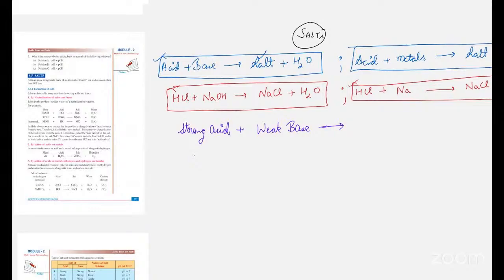The acidic will be there, no? Did you understand? I am finding one example regarding that. Give me a second. Strong acid reacts with weak base.